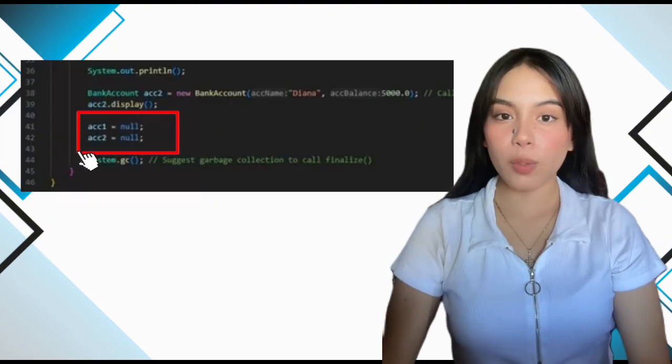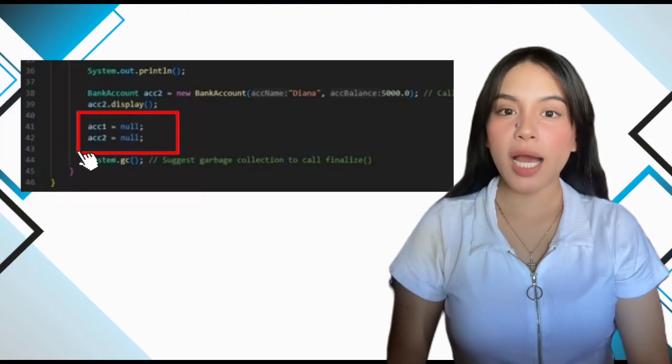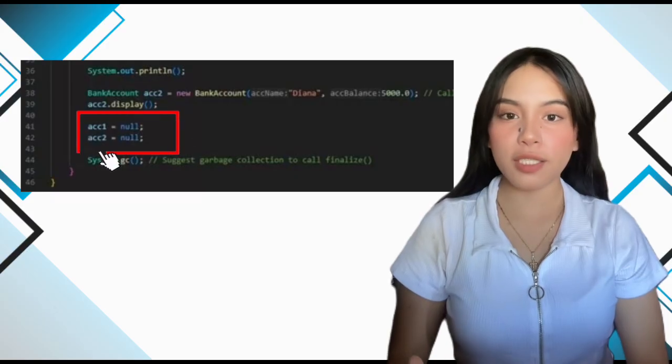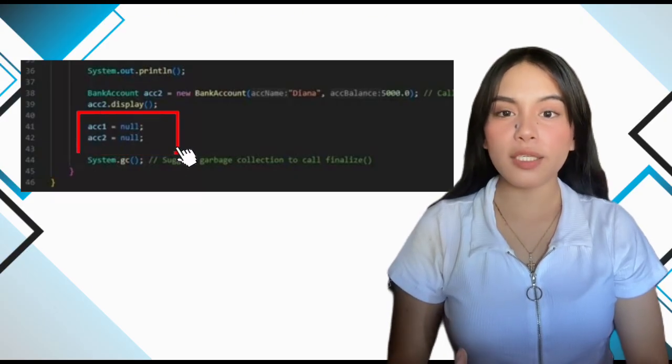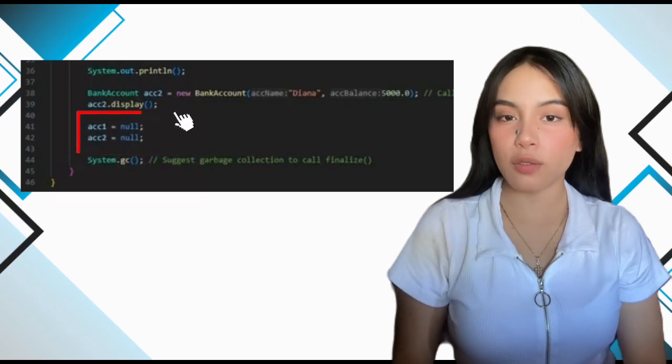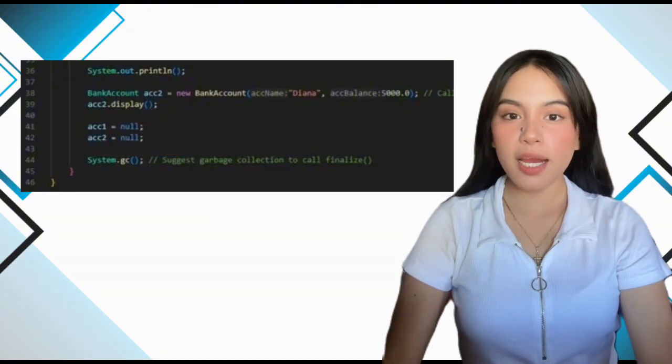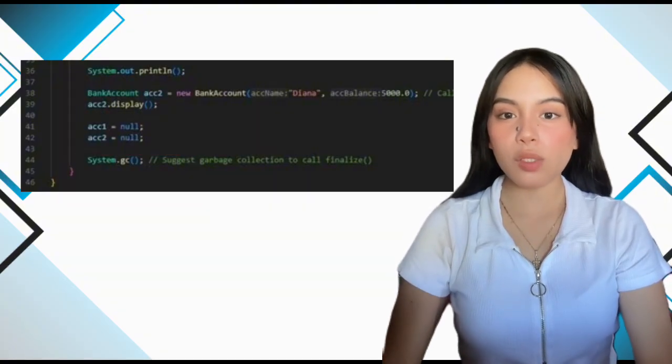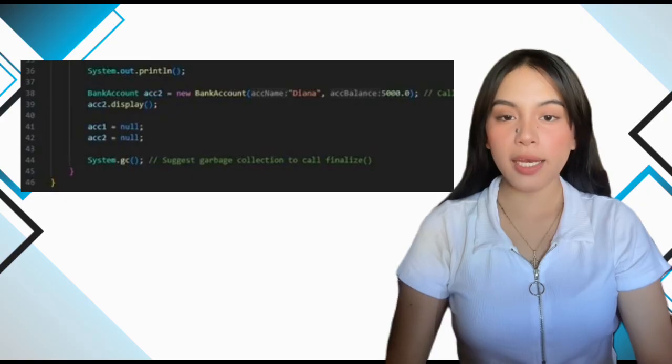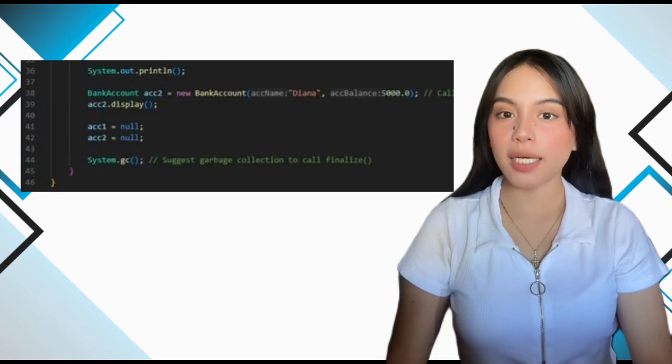In this part of our program, I am showing how Java handles object destruction automatically using something called garbage collection. This means I'm removing the reference to both objects, account 1 and account 2.